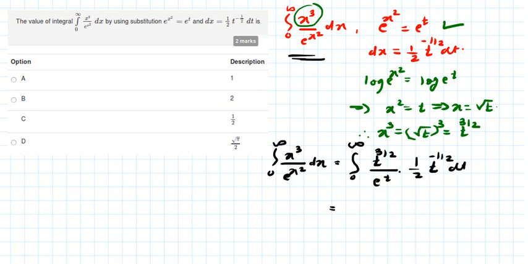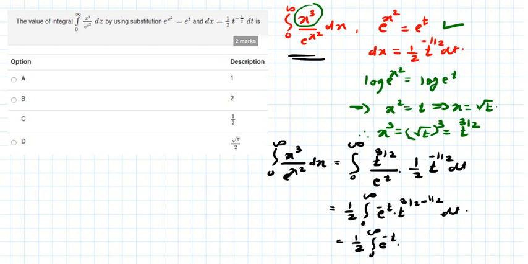So this is equal to 1 by 2 integration 0 to infinity. e raised to t is in the denominator, so it will go in the numerator and become e raised to minus t, and this will be t raised to 3 by 2 minus half dt. Okay, now this is equal to 1 by 2 integration 0 to infinity e raised to minus t into t raised to 1 dt.